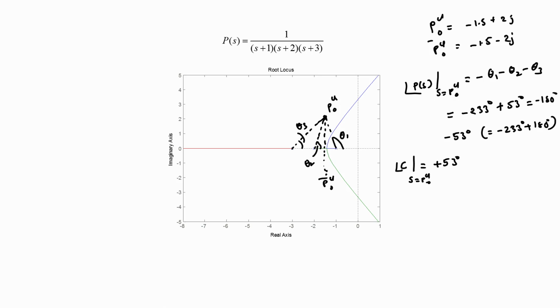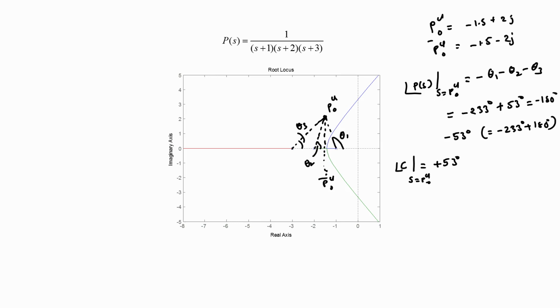By choosing different combinations of poles and zeros and appropriately locating the poles and zeros of the controller, we can get the net phase contributed by this combination of poles and zeros to be equal to 53 degrees, and there are infinitely many controller structures that will give us that same angle. So, how do we pick a suitable controller from among these infinitely many controllers?